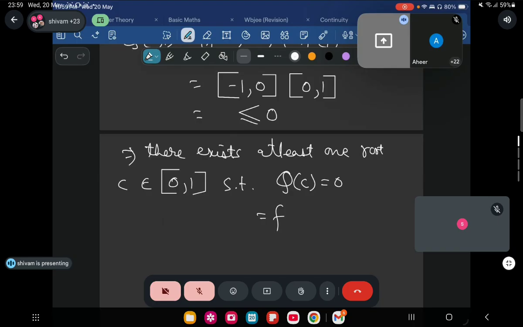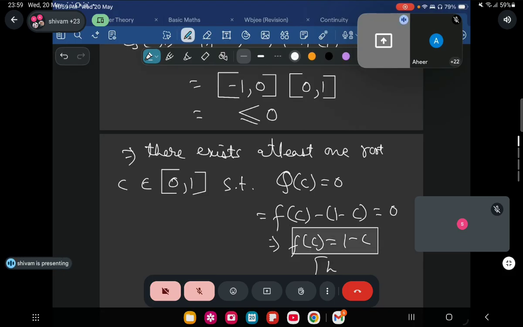And what is q of c? Q of c is equal to f of c minus (1 minus c), so f of c minus (1 minus c) equals 0. This implies f of c is equal to 1 minus c. I hope it is clear to everyone. Hence proved. Just look at the expression which you have to prove.